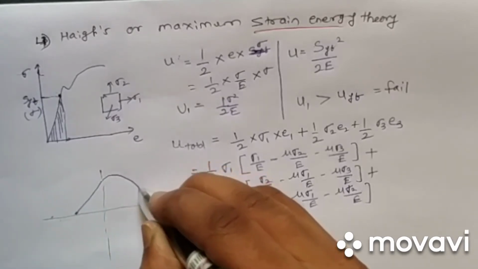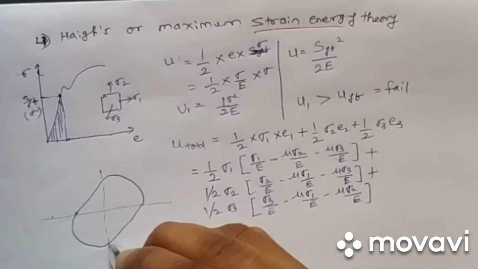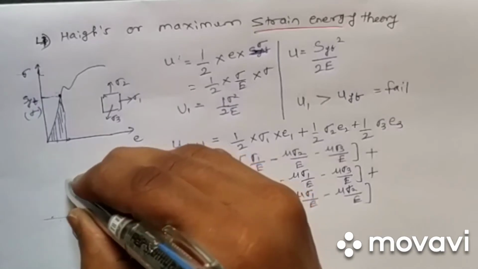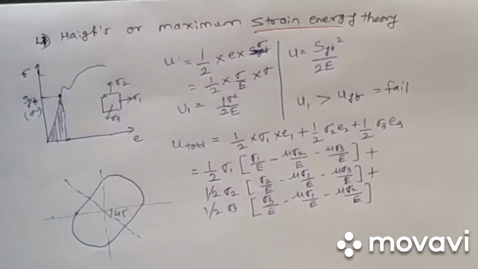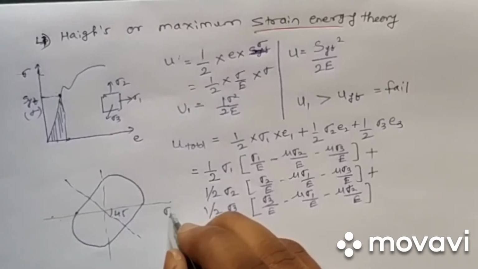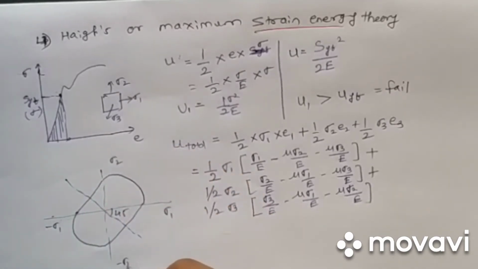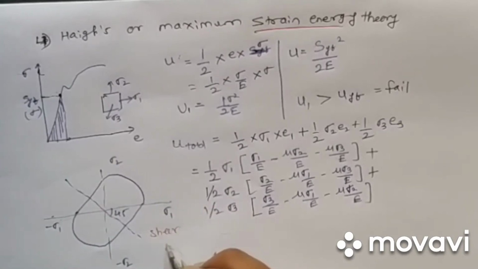So the ellipse equation, and again at 45 degrees we will have a shear diagonal. This is sigma 1, this is minus sigma 1, this is sigma 2, this is minus sigma 2, and this is our shear diagonal.